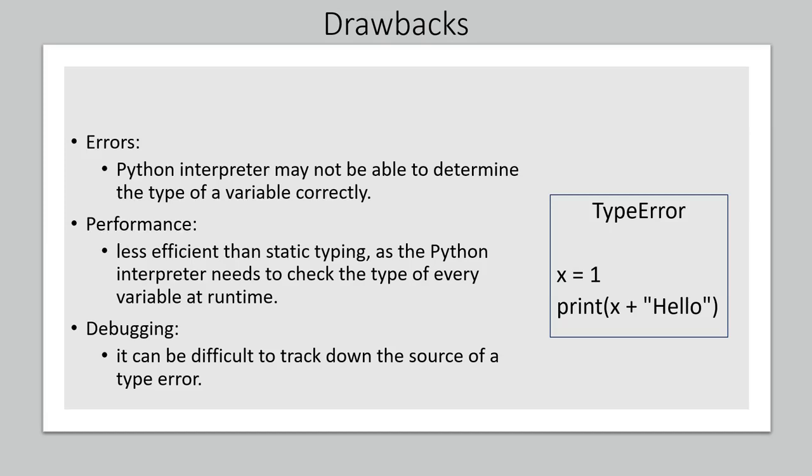And also when there is an error, especially a type error, as shown on the side, here it says x is equal to 1, print of x plus hello. x has been defined as an integer, and now we are trying to do a summation between an integer and a string. It can neither be concatenated nor summed, and this results in a type error. Now it is difficult to track the source of these kinds of errors.